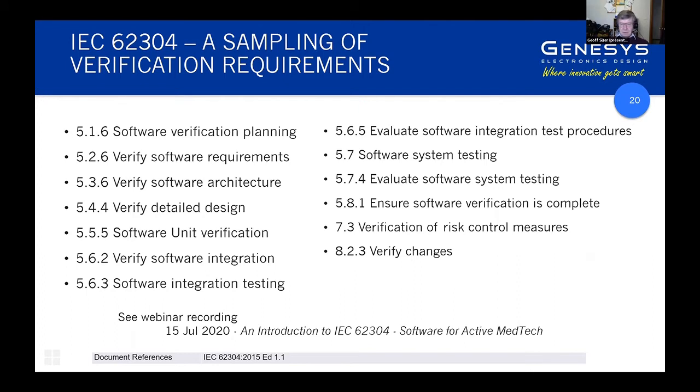So under 5.7.4, where it says software system testing, you can actually do the software integration testing as a part of the software system testing. Just to comment on, for example, 5.7 versus 5.7.4, where 5.7 is the actual process of software system testing, i.e. doing all the software system tests, then 5.7.4 is evaluating the software system testing to demonstrate that the software system testing was in fact effective.